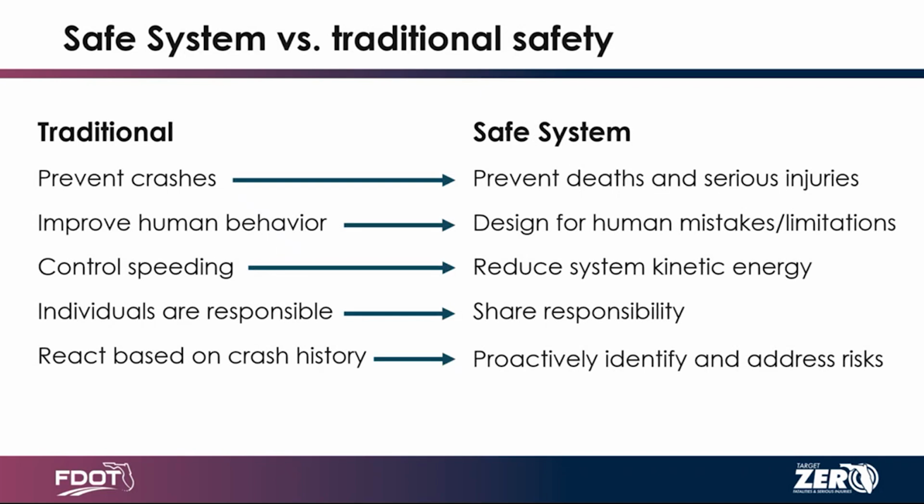I know Nathan shared this slide last week, but just to re-emphasize it, the safe system is focused on preventing deaths and serious injuries, not all crashes, designing for human mistakes and limitations, as opposed to expecting everyone to use the system perfectly, reducing system kinetic energy, sharing responsibility, and proactively identifying and addressing risks in the system.